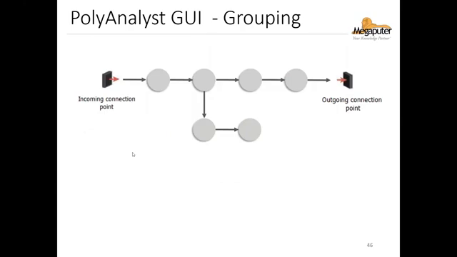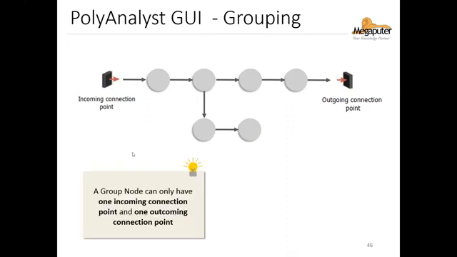So when we open a group node, we'll see a basic structure like this, with your series of nodes linked to an incoming and, in some cases, outgoing connection point.